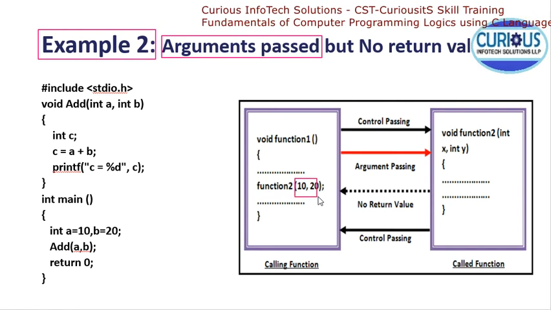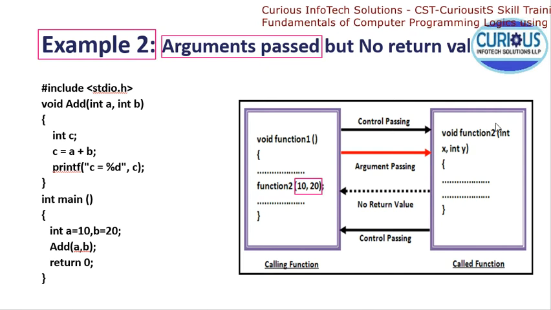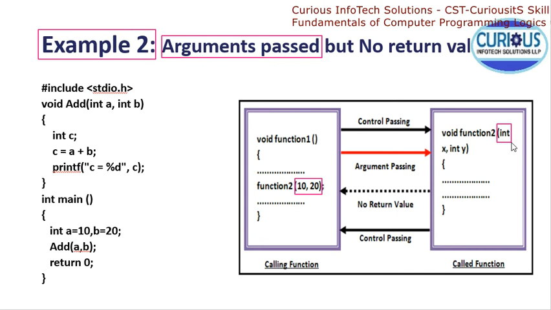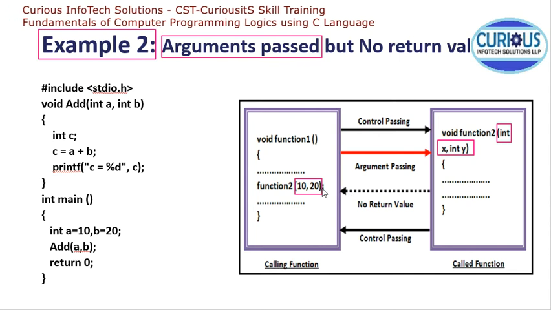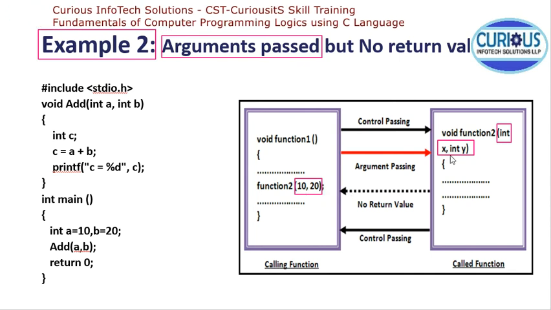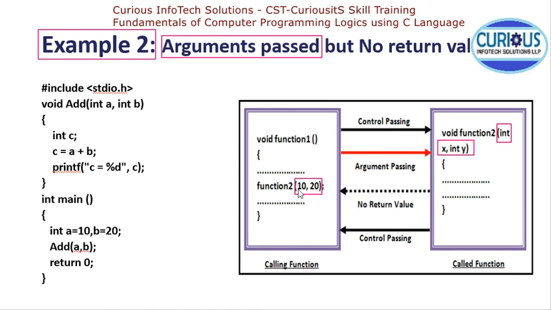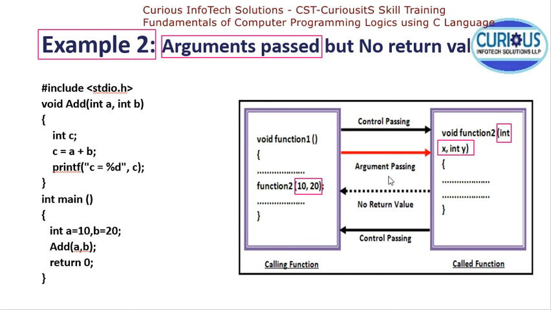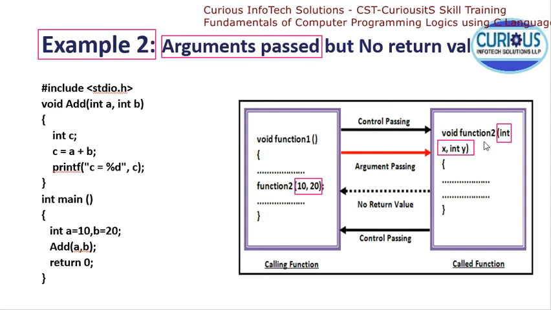This argument you are sending to your function, in which you are using it. This value is known as your actual value, and this is known as your formal value. Formal value means this 10 is using the name X and this 20 is known as Y.